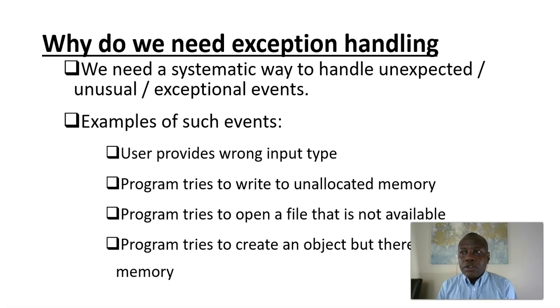Okay? Because the default way in which these events are handled, which we will see an example of very soon, gives us something like a cryptic error message and then ends the program, or what you might know as it crashes the program. Okay, there will be times when we will be able to recover from the exceptional or error condition, and we will talk about how we would do that.